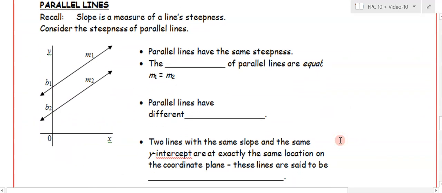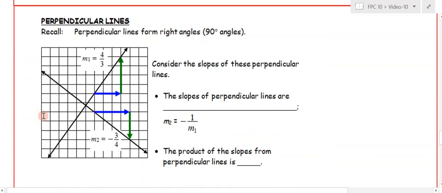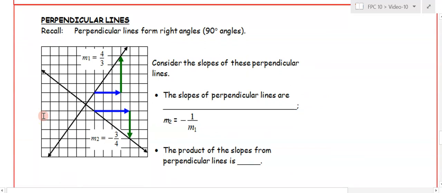So, remember, parallel lines have the same steepness. The slopes of parallel lines are equal. Parallel lines, of course, have to have different y-intercepts, otherwise they are the exact same line. Perpendicular lines are opposite reciprocals.